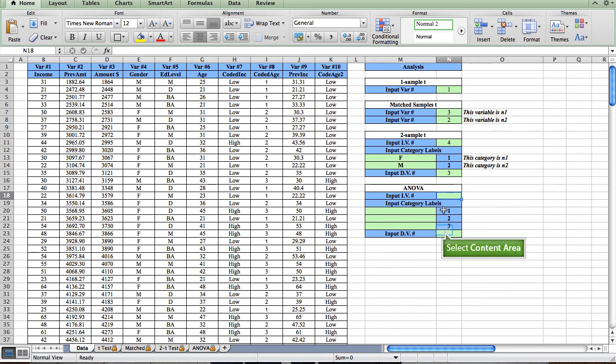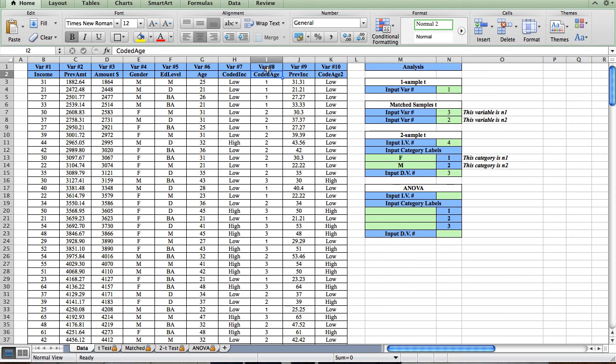We call these 3 treatments. So what we're going to do with our independent variable is group our dependent variable not into 2 groups, but rather into 3 groups. So our independent variable here will be coded age, which is variable 8.